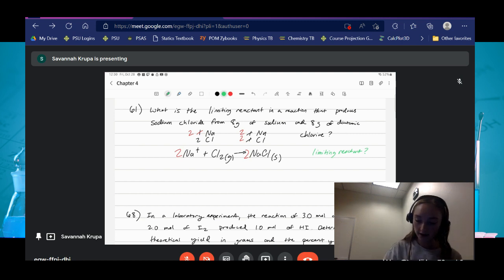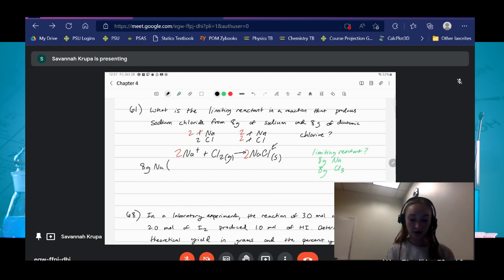So it says that we have 8 grams of sodium and 8 grams of Cl2. Given that information, we are going to see how many moles of sodium chloride is produced from what we have. So we have 8 grams of Na.